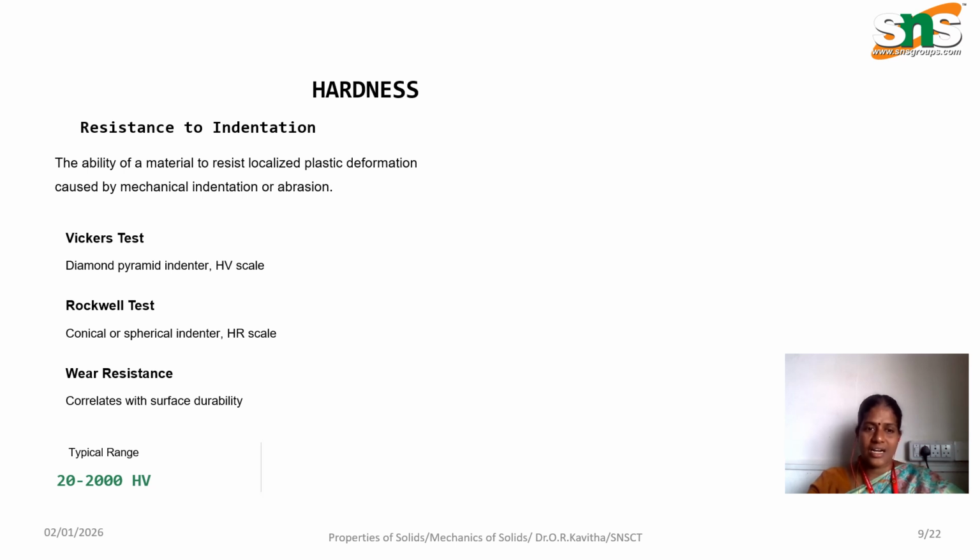The next one is hardness. It is the material's resistance to localized plastic deformation caused by mechanical indentation or abrasion. For this we use the Vickers, Rockwell and other tests for finding the hardness of the material.